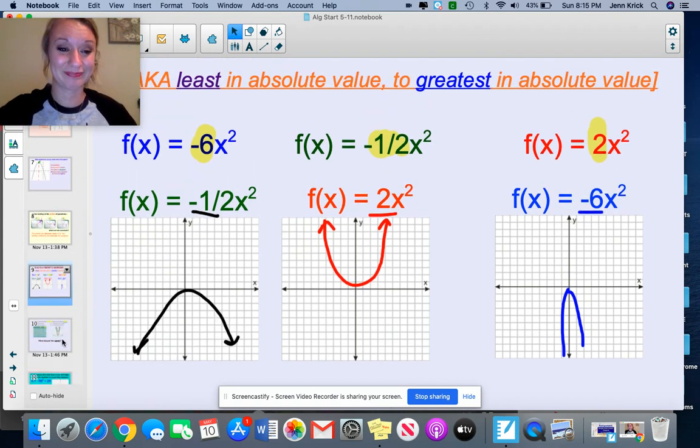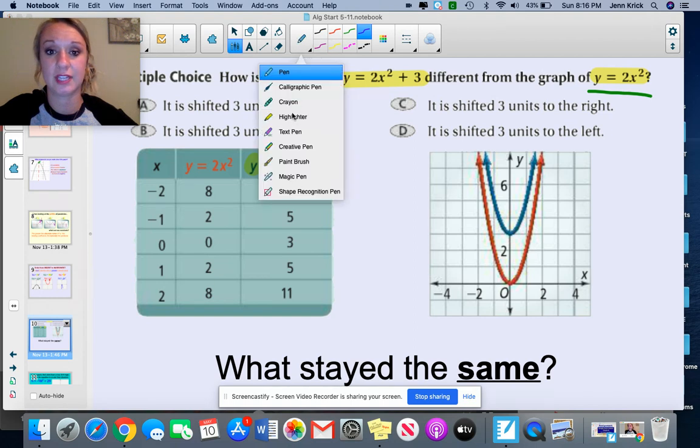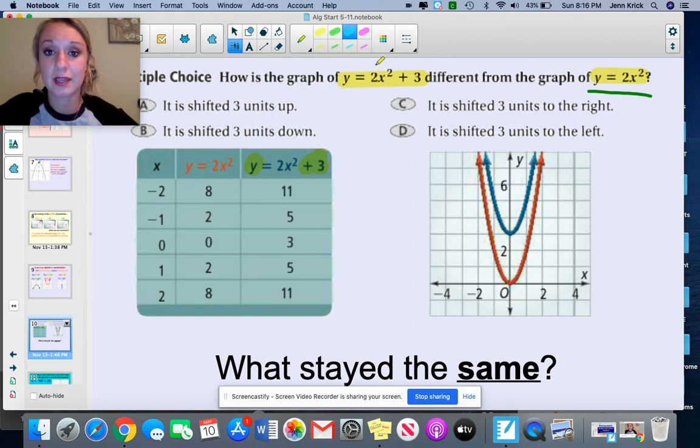Welcome to algebra. All right, so now let's say that we're looking at y equals 2x squared plus 3. That's my blue graph here. And just y equals 2x squared. Can you tell the only difference between those two equations? I know that their width stayed the same. The width of the parabolas for these two equations stayed the same because you've got 2 and you've got 2.